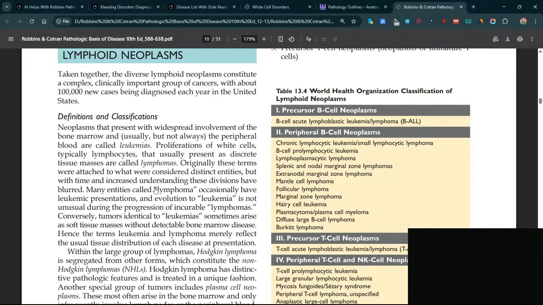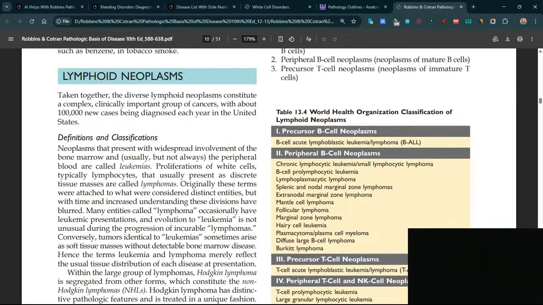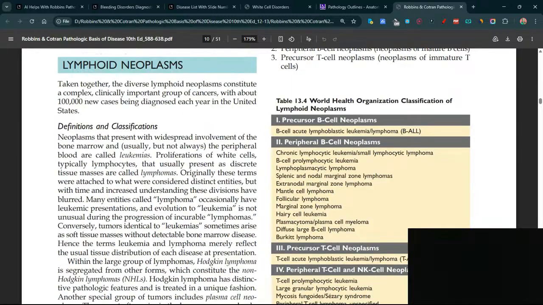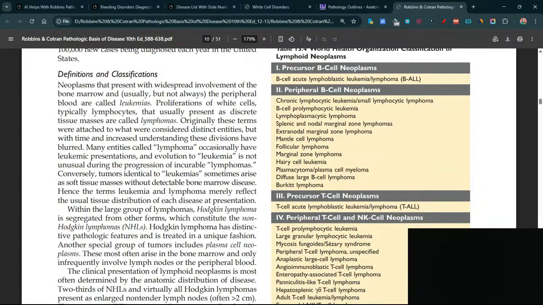Let's go here and read. Lymphoid neoplasms: taken together, the diverse lymphoid neoplasms constitute a complex, clinically important group of cancers with about this amount of new cases. Now, what's the definition and classification?